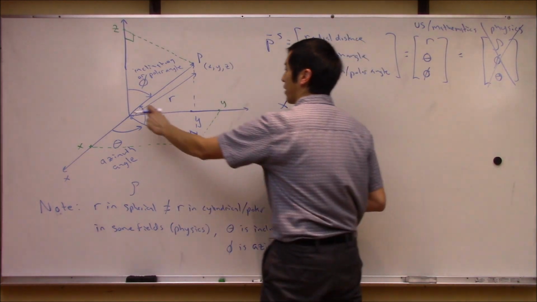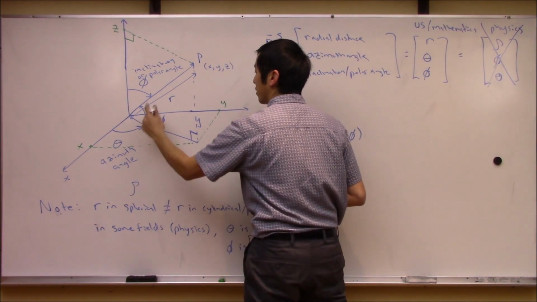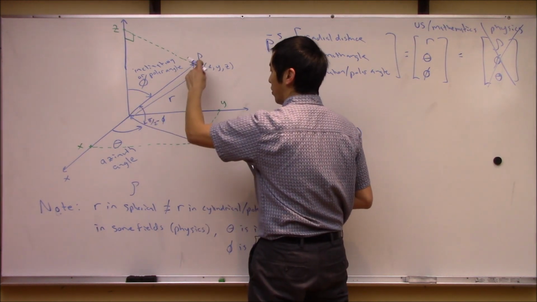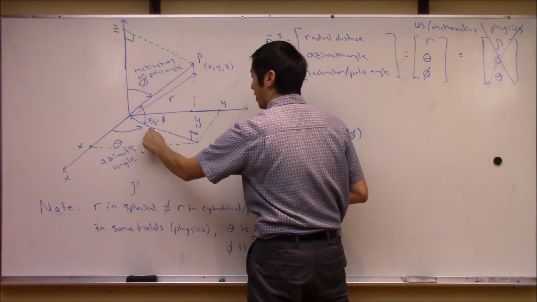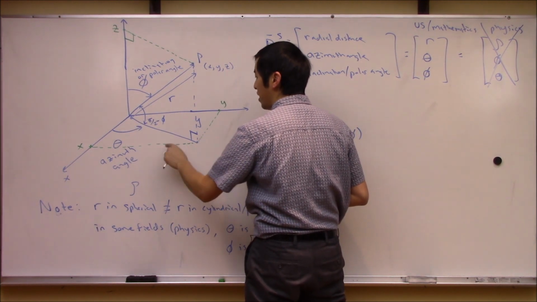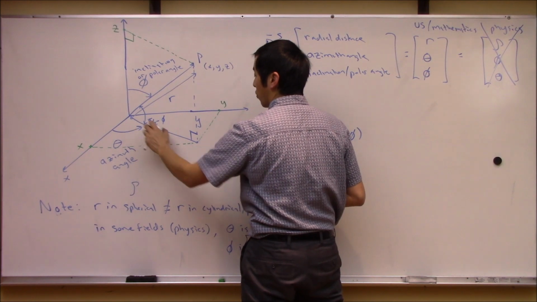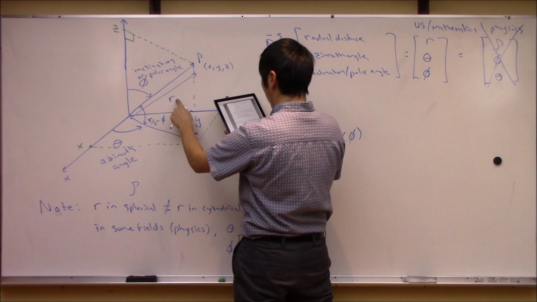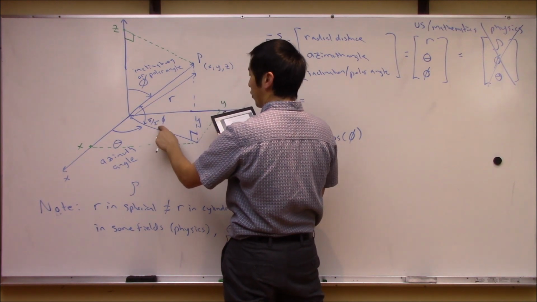Wouldn't you agree that that's what this angle is? And again, this has a distance r. So actually what we can get is this foot. This foot is the distance of the projection in the xy plane. So that's going to be r cosine of pi over 2 minus phi.